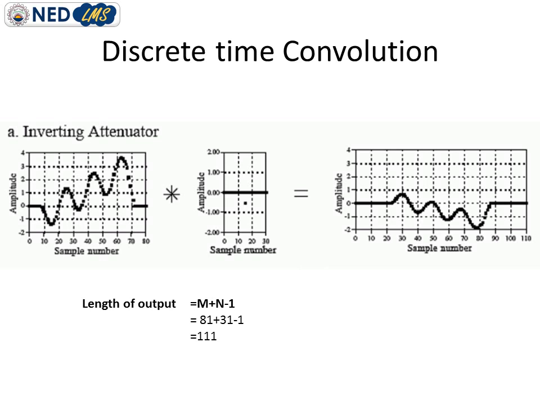So notice the length of these three signals: input signal, impulse response, and output signal. The input signal has 81 samples, and the impulse response is composed of 31 samples. It is just an example.